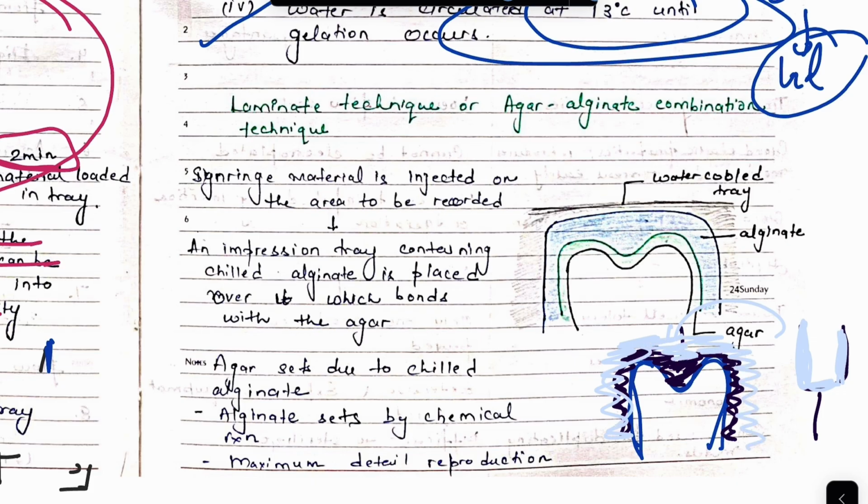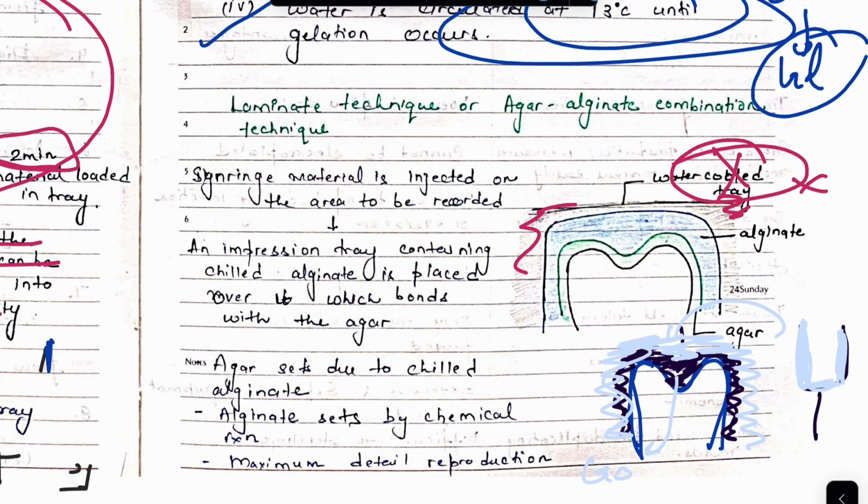So I will record good details because on the tooth surface I have agar, but I do not require that water cool tray. I should have removed this from here. This should not be over here. I don't require the water cool tray and all that container. Why?